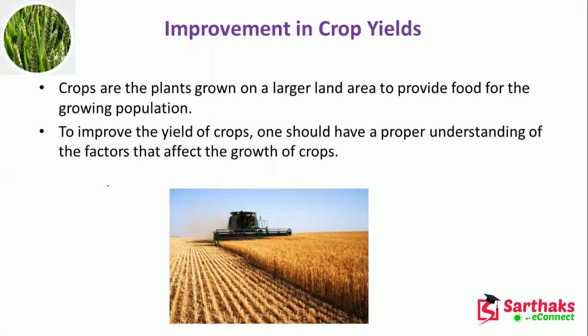First, we should understand the factors that affect the growth of the crops, because if we can change the factors, the crop can be resistant with respect to the factors. Then we can improve the crop yield. So this is very important. First we have to analyze what factors will affect the growth of the crops.